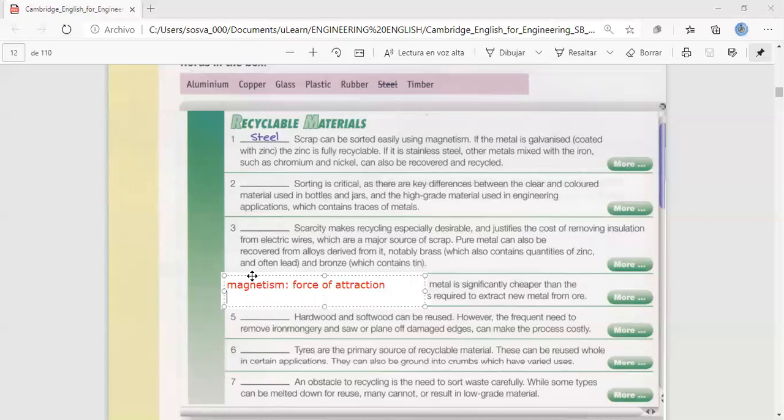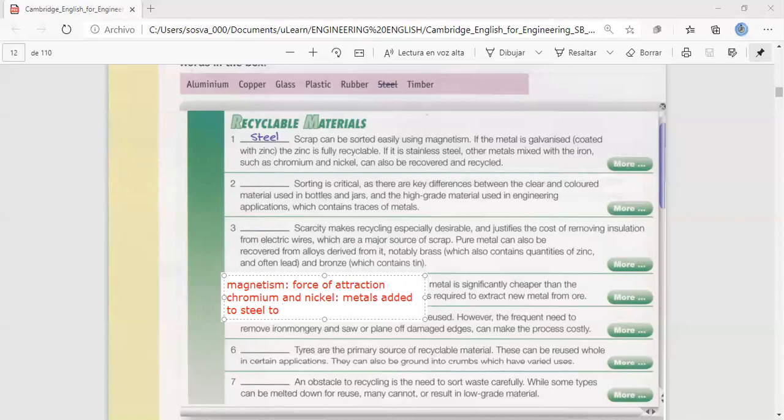You also mentioned chromium as another material. Chromium and nickel are metals added to steel. That means they're additives. But why do we add chromium and nickel to steel?